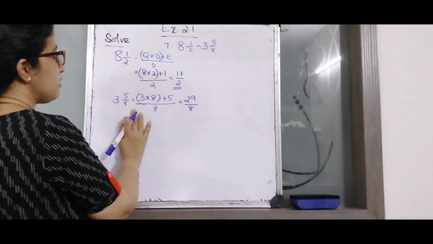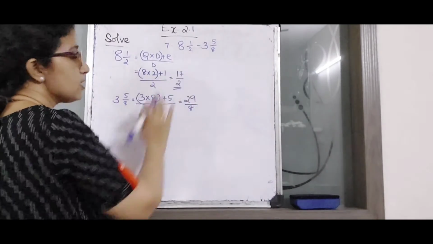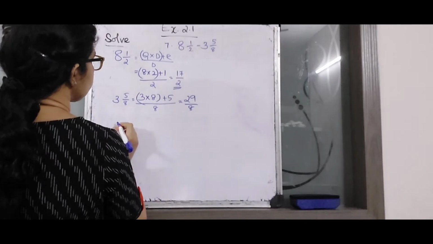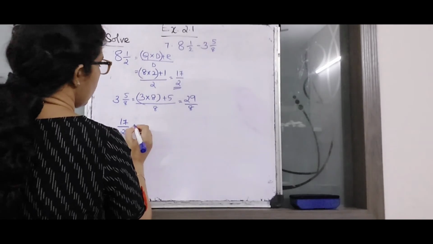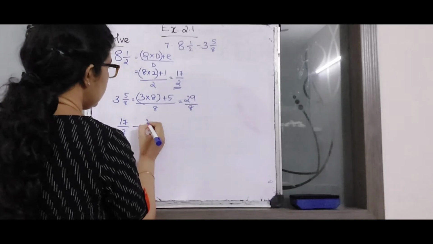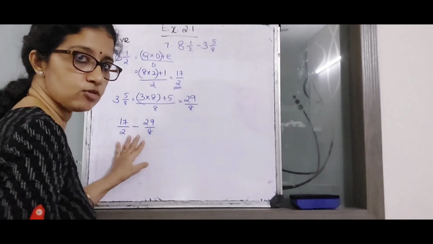Okay. Now we have found the improper fractions of both the terms. Now how can we rewrite this one? 8 1 by 2 is 17 by 2 minus 3 5 by 8, which is 29 by 8. So we have to solve this one.